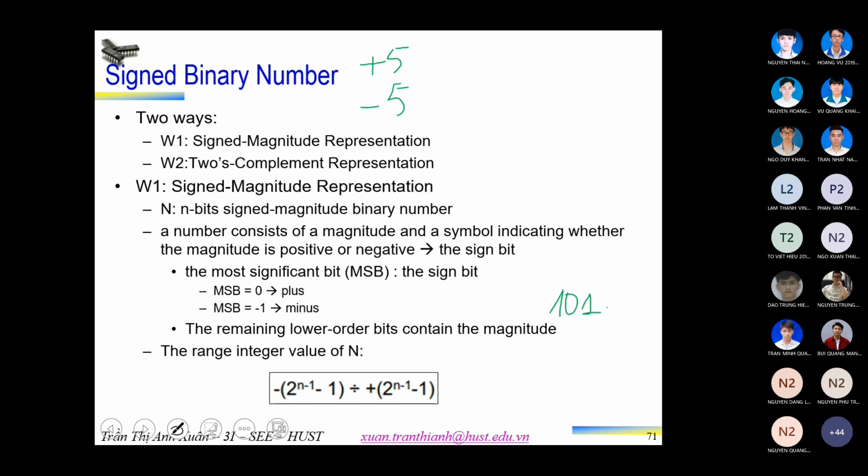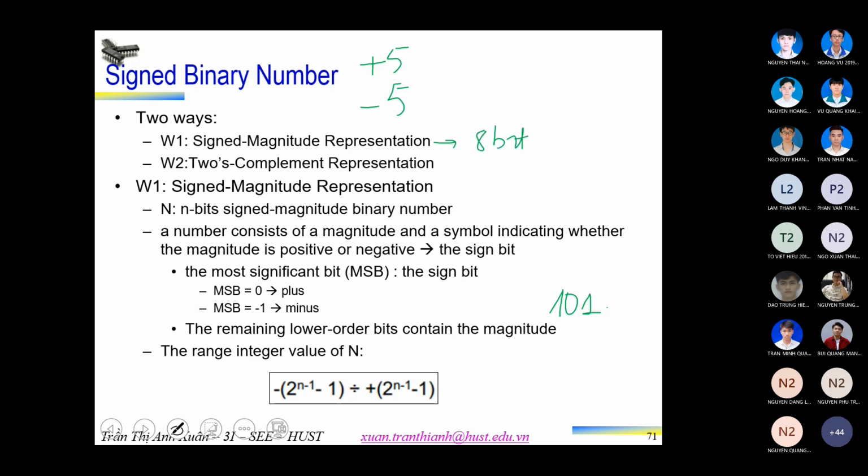So we need at least 4 bits to express this number in sign-magnitude representation. For example, here we use a register with a length of 5 bits.